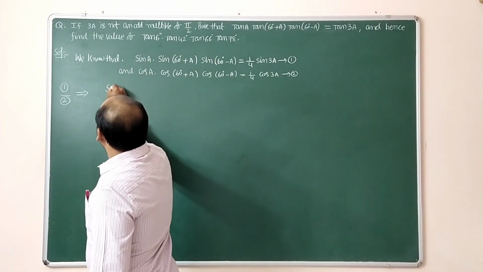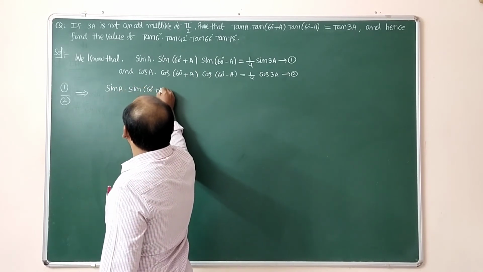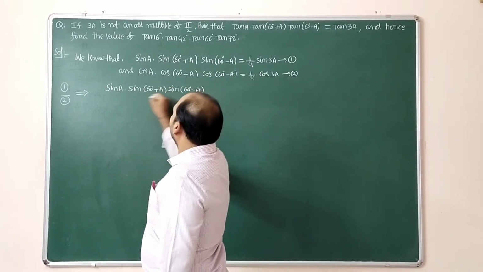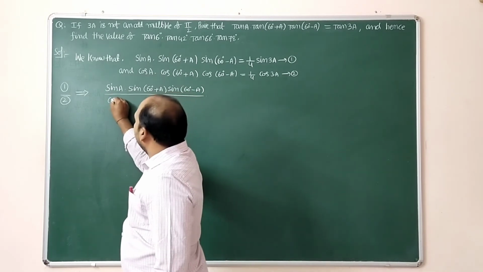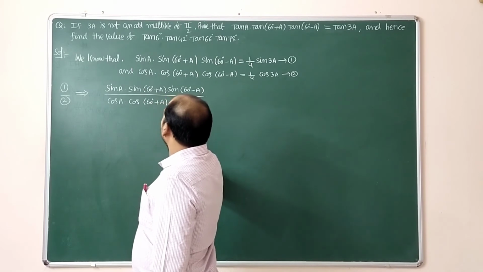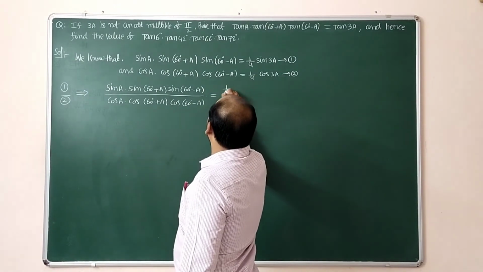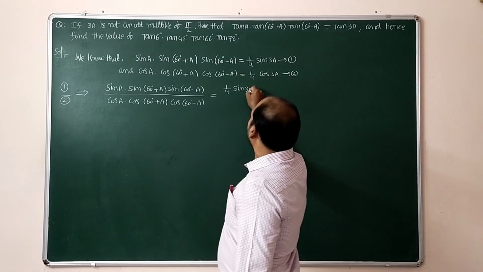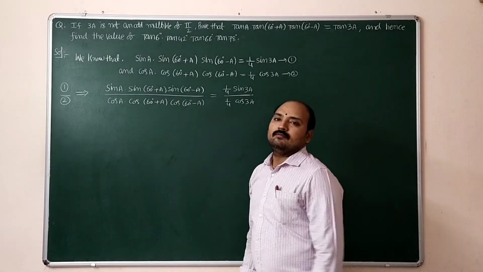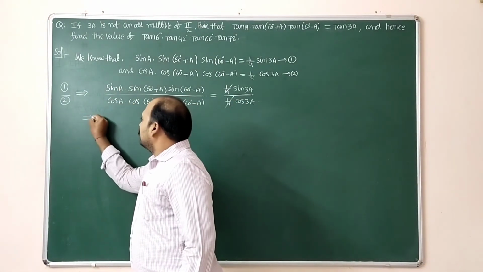Now sine a into sine of 60 plus a into sine of 60 minus a divided by cos a into cos of 60 plus a into cos of 60 minus a is equal to 1 by 4 into sin 3a divided by 1 by 4 into cos 3a. So 1 by 4, 1 by 4 get cancelled.